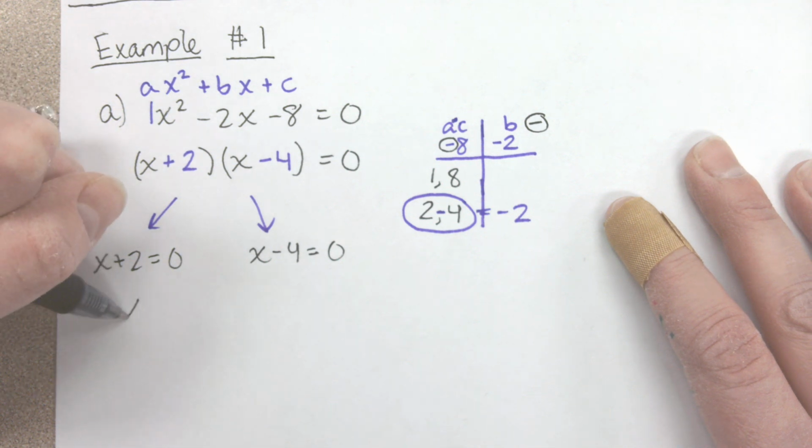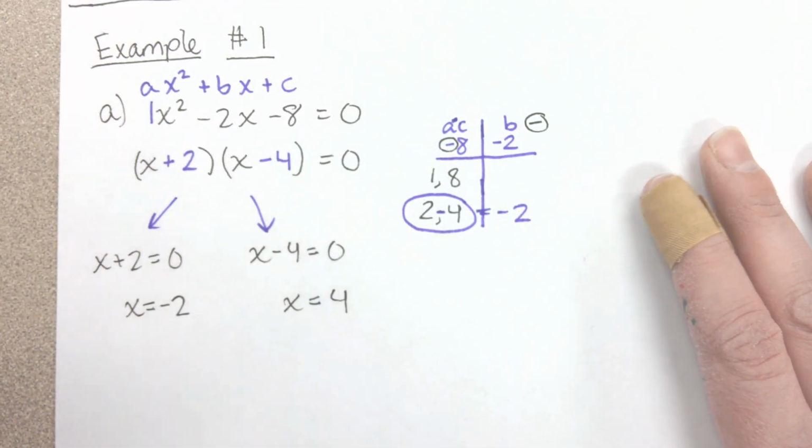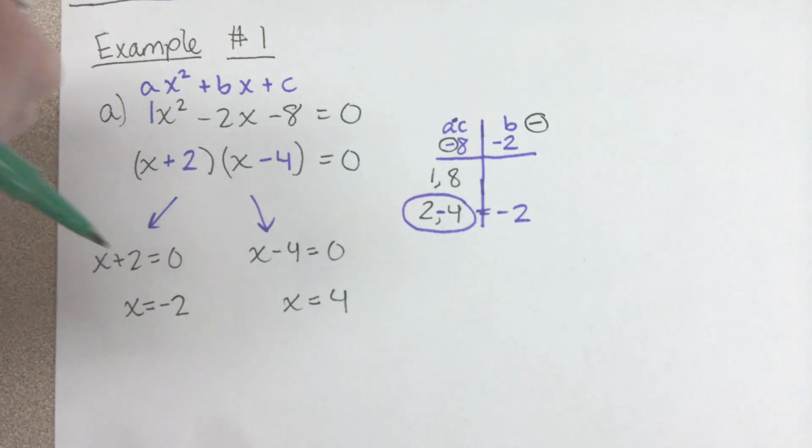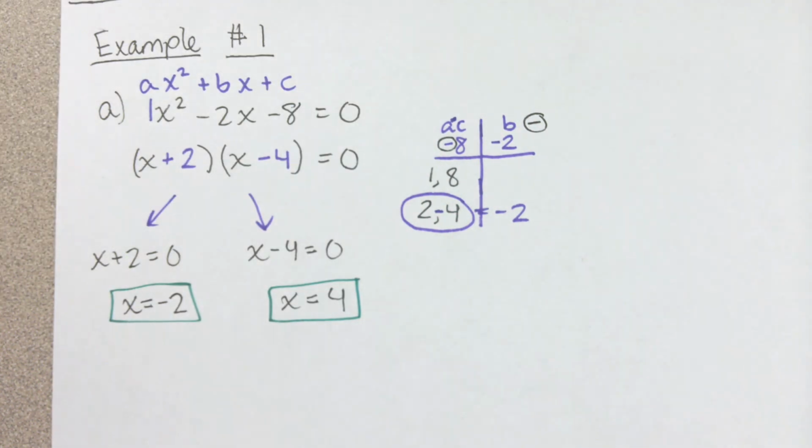Solving, I get x equals negative 2, and x equals positive 4. Questions on that first problem? Okay.